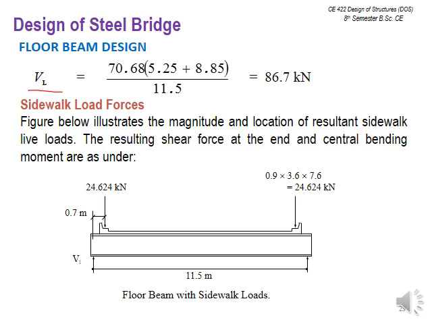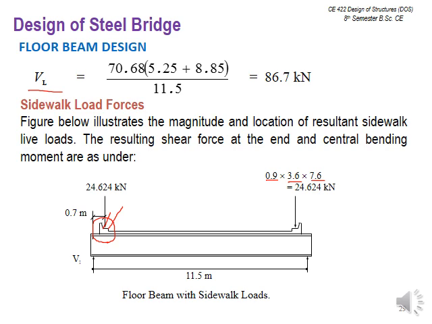Then the sidewalk load forces. For the sidewalk load forces, you are considering this curbed path, because your footpath is on this curb. 0.9 is the width of the curb, 3.6 is the load you are considering, kilonewtons per meter square, and 7.6 is the total span.